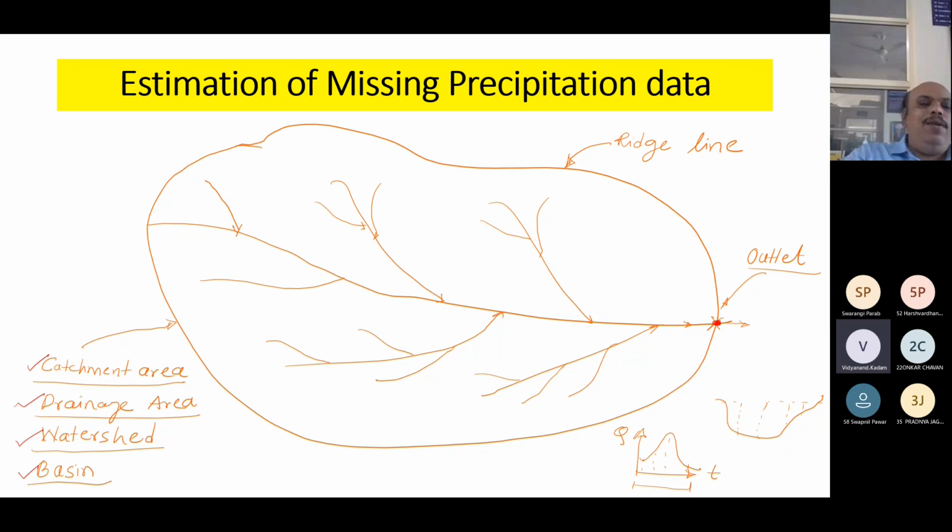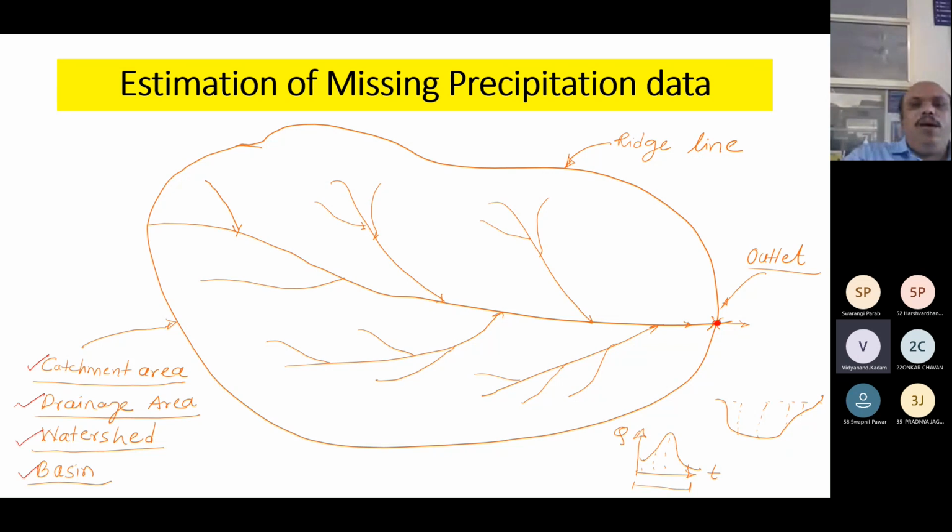So that is the definition of the term watershed, catchment area or drainage area. It is a particular area separated from adjoining area with the help of a ridge line. What is a ridge line? It is clear to you. It is a line joining the highest elevations in that area.